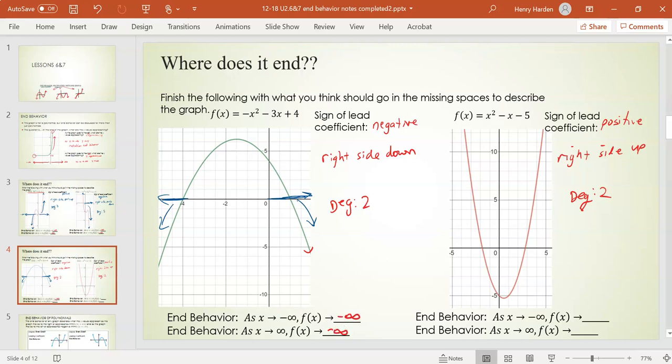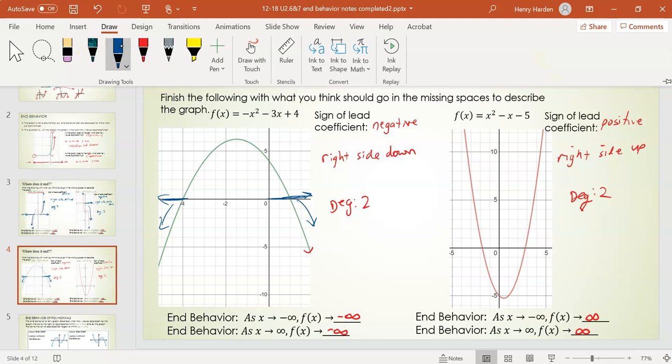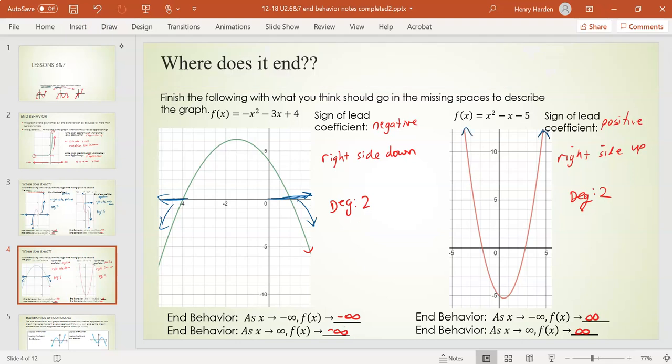And then on the other graph, they both point up to infinity because of the arrows. As we go to the right, this side points up. As we go to the left, this side points up. That's all this says. That's your end behavior.